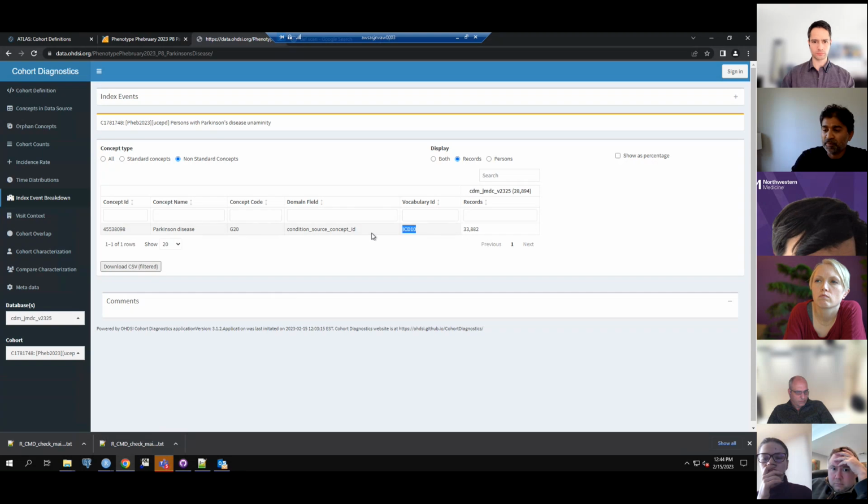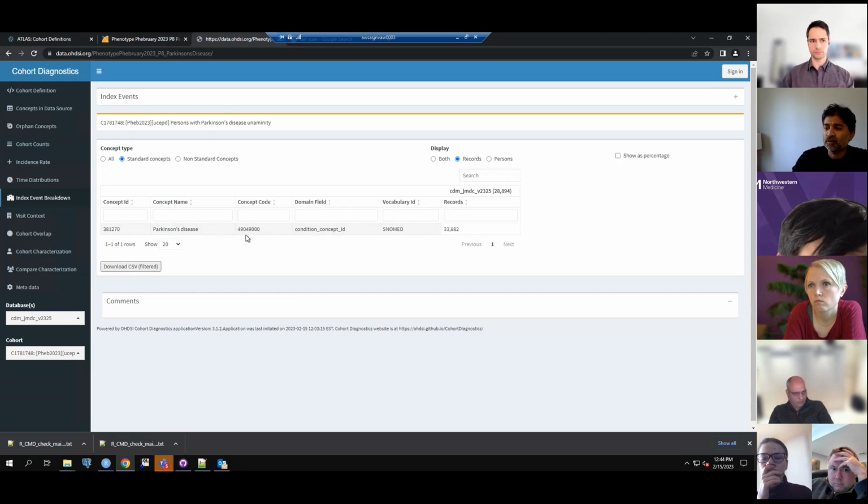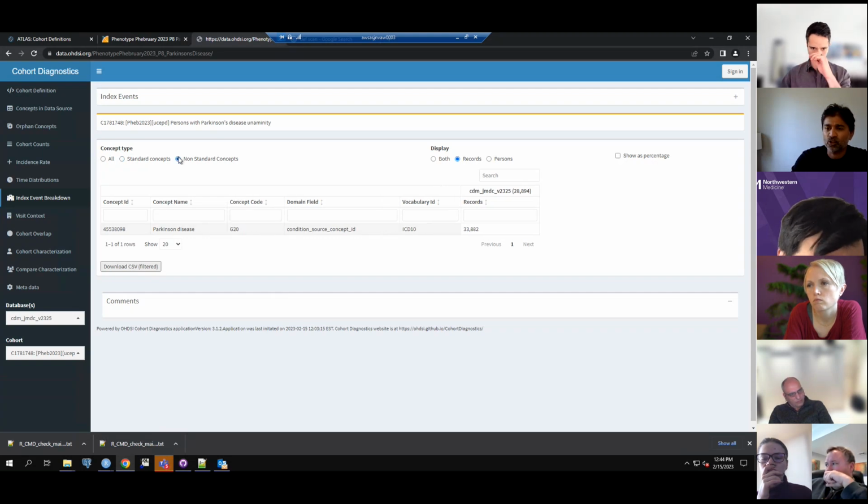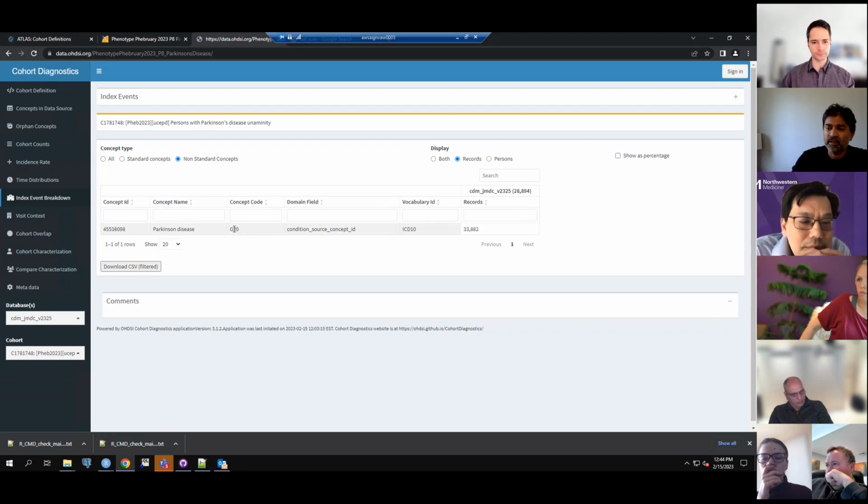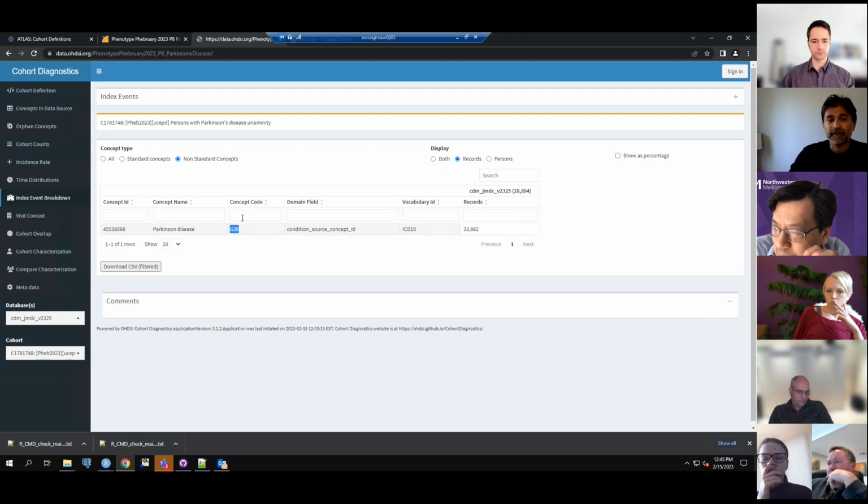OMOP received G20 and transformed that to this SNOMED. That is a one-to-one transformation, so there's no loss in the transformation in the OMOP. But the question here is almost like a database diagnostics question: do we think that the data does not have enough granularity to answer this question, to phenotype?